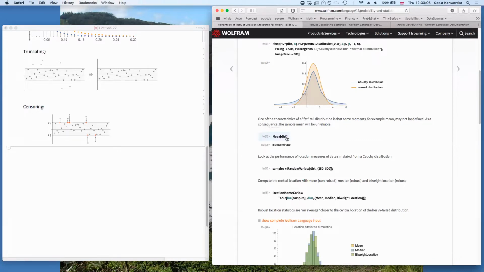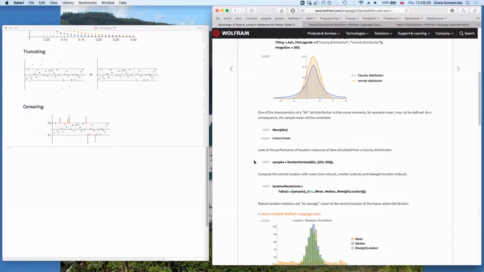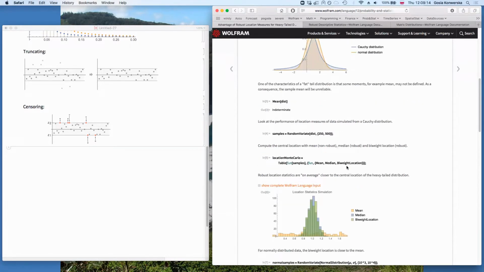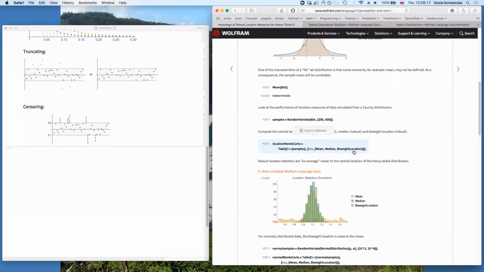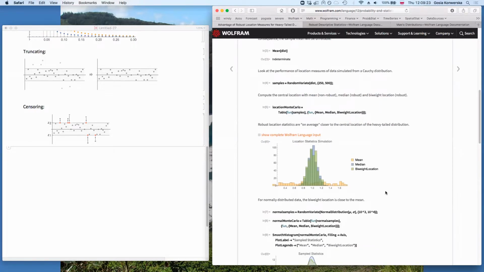The mean of the Cauchy distribution is indeterminate, and what we would like to do is to see how it behaves for samples. So if you sample from the Cauchy distribution and then compute the mean, median, and biweight location, so the mean is non-robust, the median robust, and the biweight location robust, you can compare the spread of these statistics. And you can see that the mean is all over.